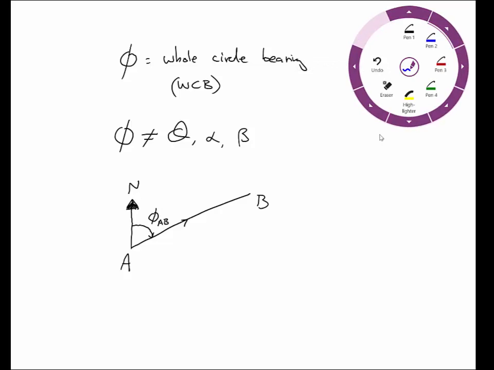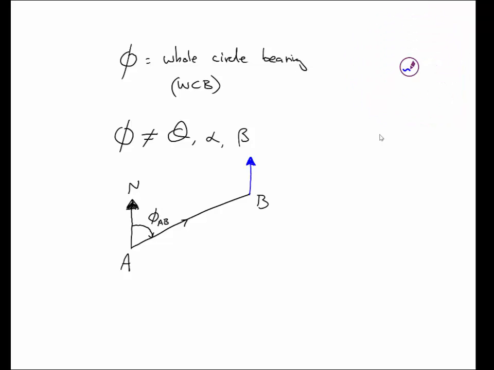If I wanted to measure phi BA, which is in the other direction, I always want to measure from north at my origin. So let me just put B on the other side so it's a bit neater. If I want to work out phi BA, I start at north, I go clockwise until I hit the line.